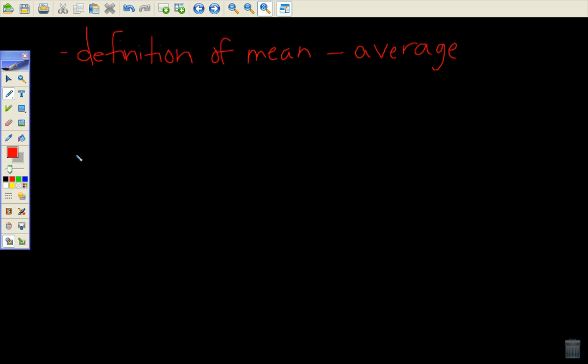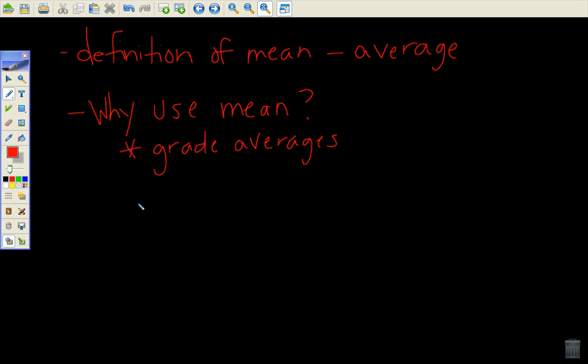We will go over that method in just a second, but let's talk about why in the world we even need to know how to do mean. In the real world, we use mean for our grade averages, which is what I just talked about. We can also see them in the weather world.